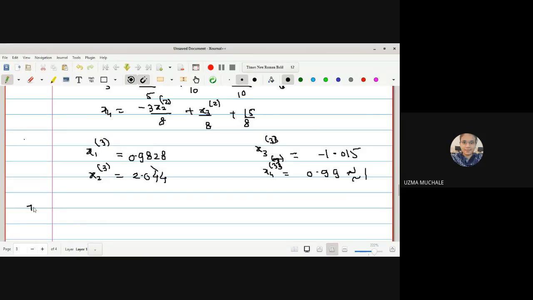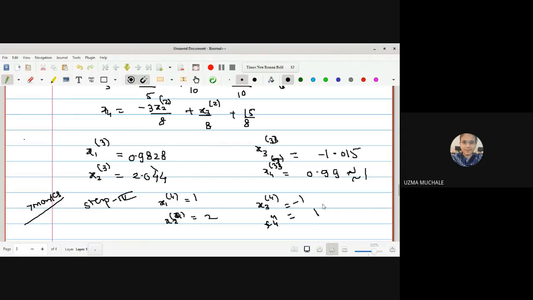If the question is for 7 marks, you are not going to appear for the physical exam, so you have to follow step 4 also. Following step 4, you will get x1(4) equal to 1, x2(4) equal to 2, and approximating, x3(4) equal to minus 1 and x4(4) equal to 1.